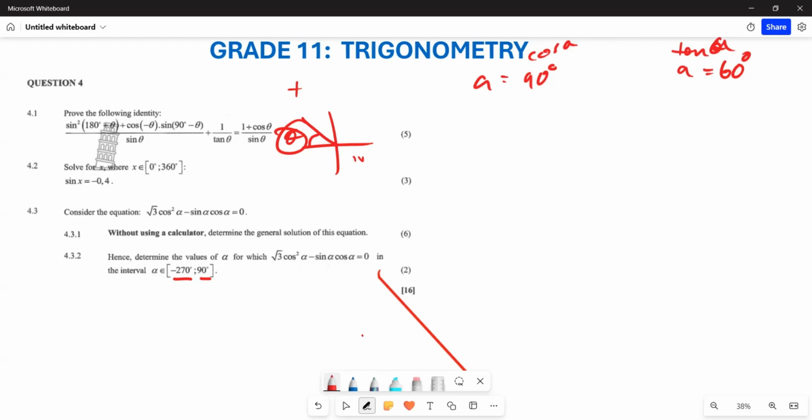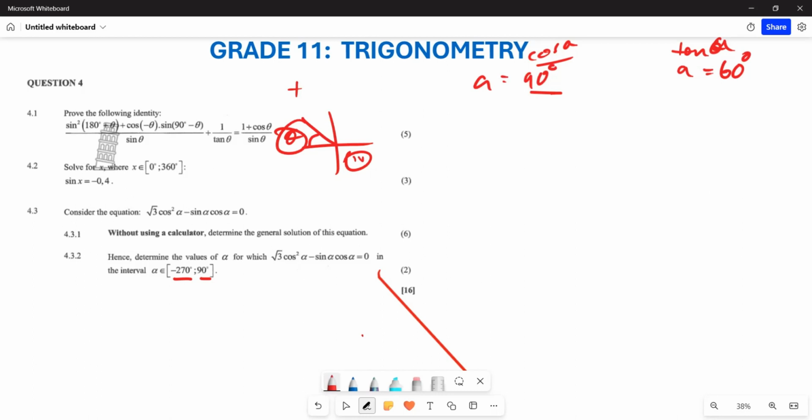Now, for example, where is your cos going to be positive, right? Remember, your cos is actually positive. Let's consider the positive side because your A was positive, right? So we're going to consider the positive side. Your cos is also positive in your fourth quadrant.